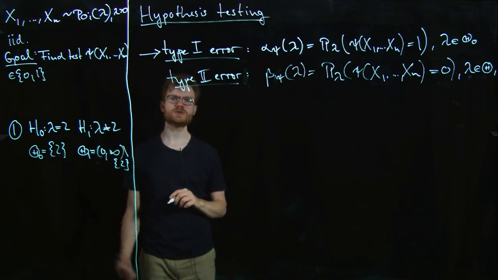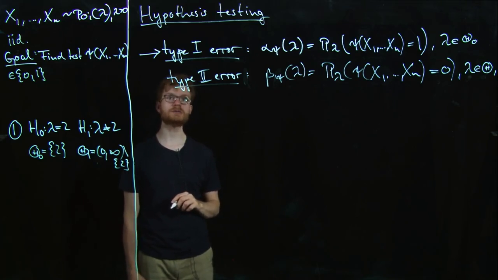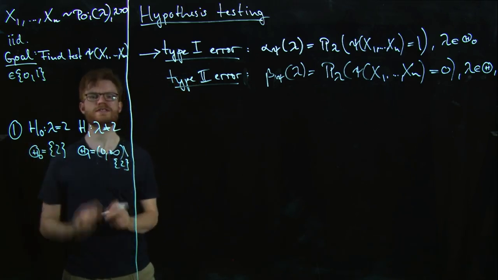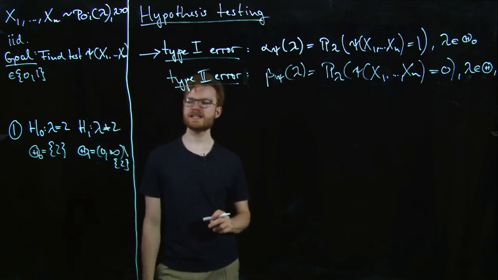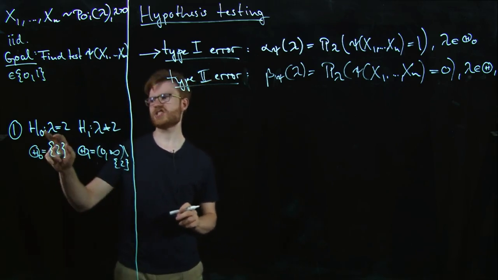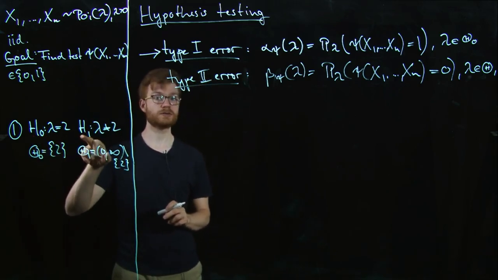Usually, when we're asked to produce a test, this test will come with a certain level. And level is the amount of uncertainty that we tolerate for our type 1 error. So we handle these two hypotheses asymmetrically. We say that we want to be really certain about what we're doing when we reject H0, when we say that H1 is correct.